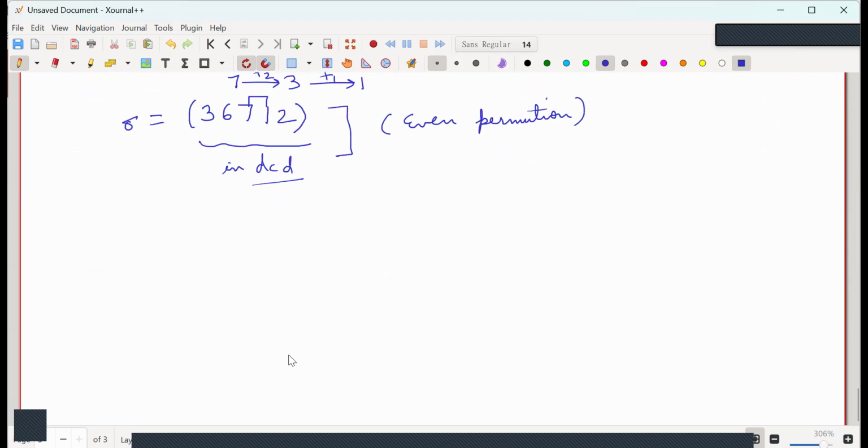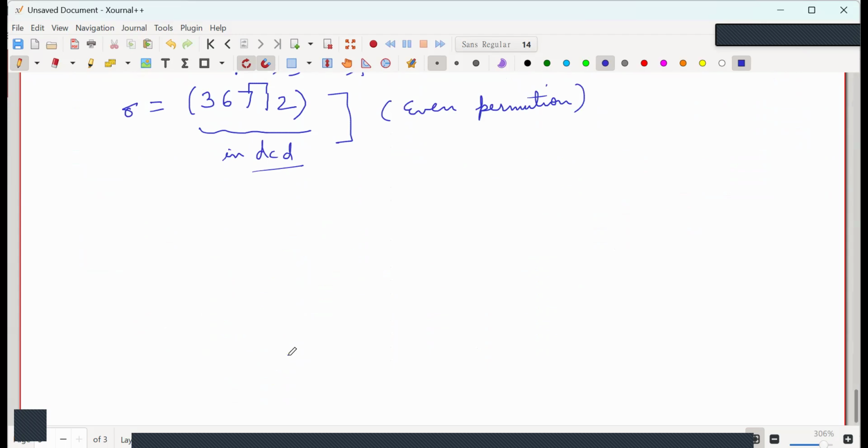So let's see one more example. Now sigma is, say, (1 2 3 4 5 6)(5 2 7 8).